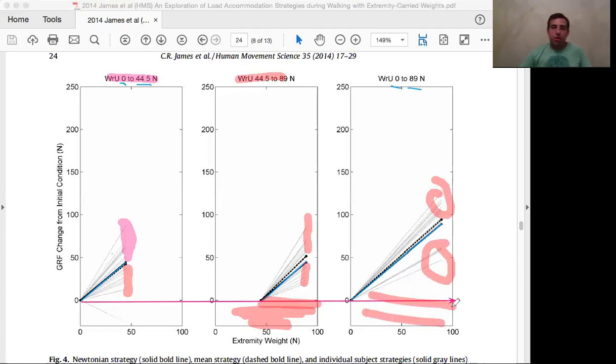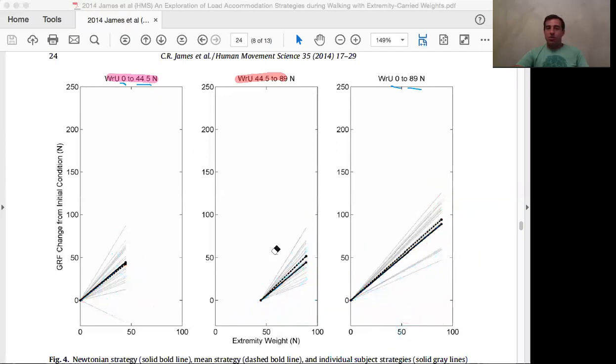But what you should notice too in this whole process is that you don't see really anybody. Now you can zoom in, I'm sure, in this second condition here, this guy here, there's probably somebody pretty close to the Newtonian line. There's probably somebody pretty close, but that doesn't necessarily mean they're going to do it, right?